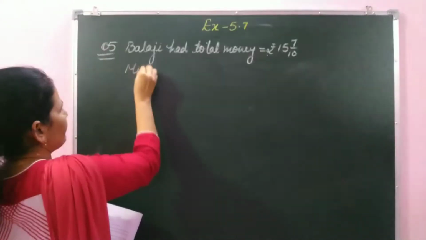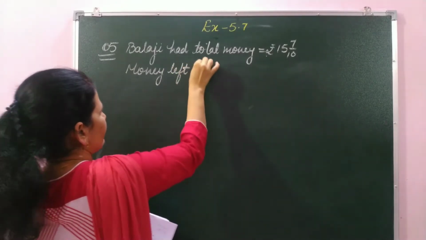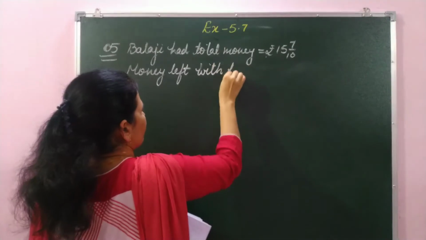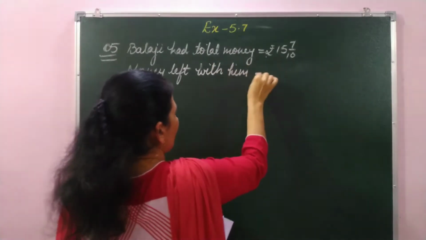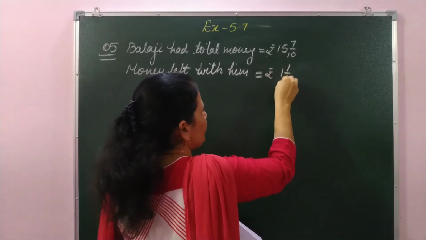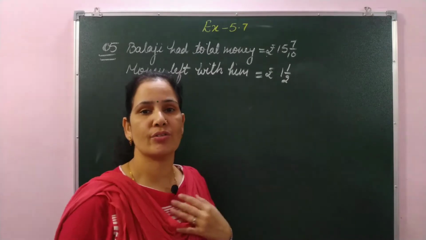Money left is rupees 1 by 2, and then we have to find the money spent on stationery items.